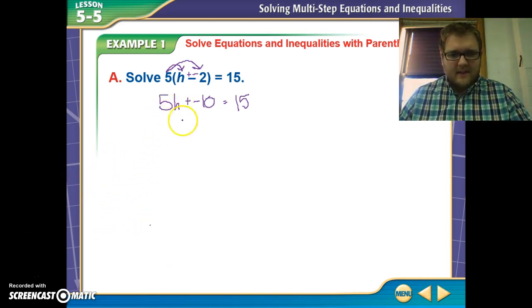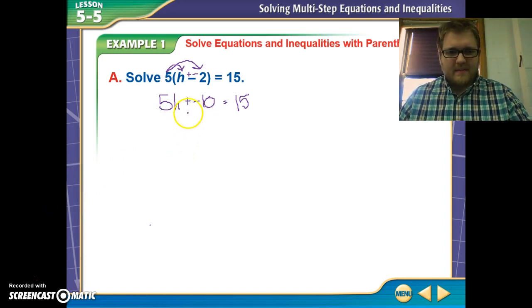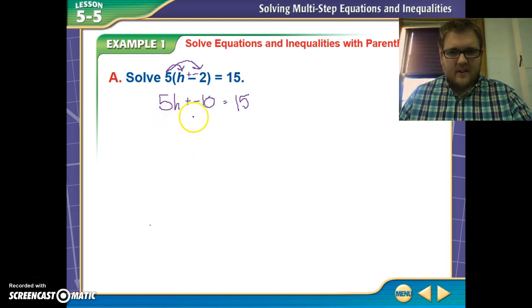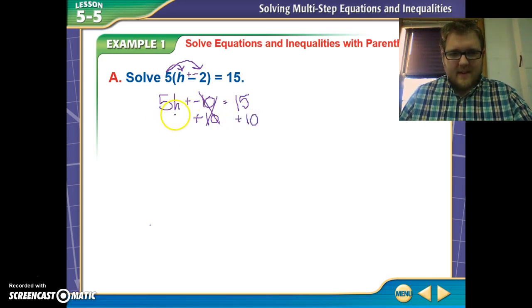But what I can do is get all the like terms on the same side so I can get h by itself. And what I'll do to do that is add this 10 to both sides, because what that does is it gets me only terms with an h on the left and only terms without an h on the right. So I'm going to have 5h equals 15 plus 10.